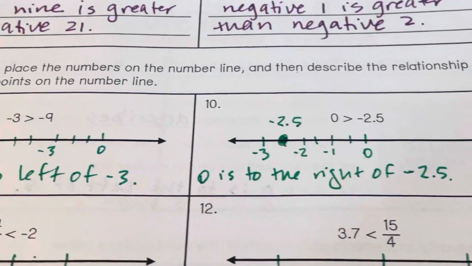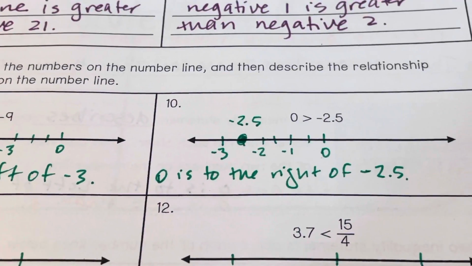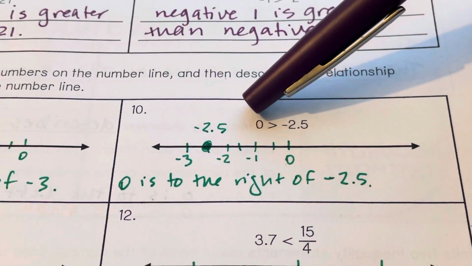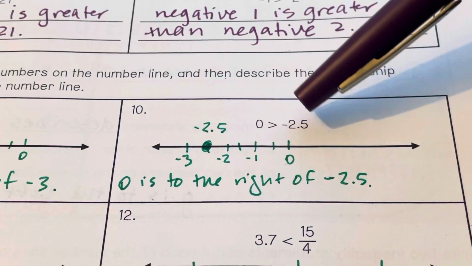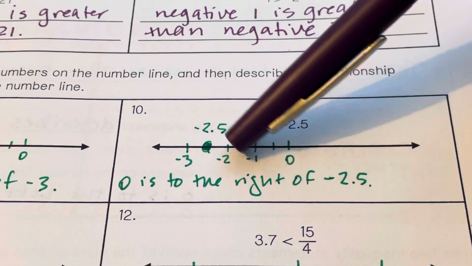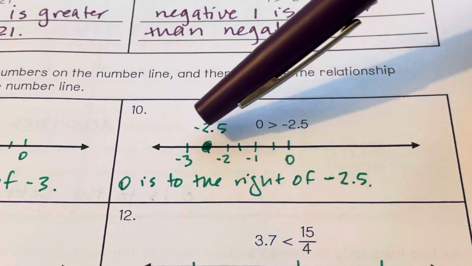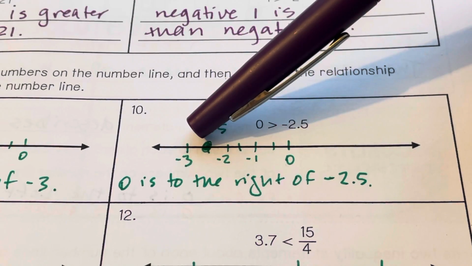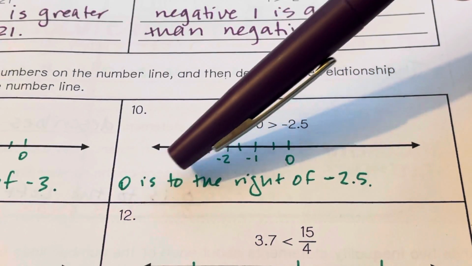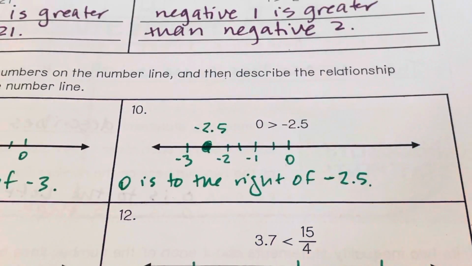For number 10, we have 0 is greater than negative 2.5 is how you would read this. So we need a 0. And again, you don't need all these little lines. You could just have 0 and negative 2.5 being to the left, okay? So you could write it as 0 is to the right of negative 2.5.